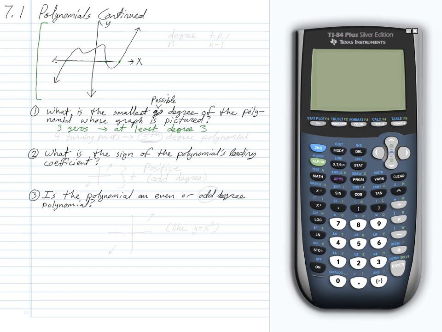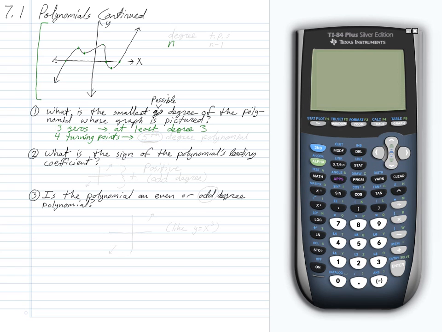But notice that this graph has 1, 2, 3, 4 turning points. And remember, turning points can be either local maxima or minima. Any place where my function changes direction, vertically speaking. And recall that the degree is always at least one more than the number of turning points.